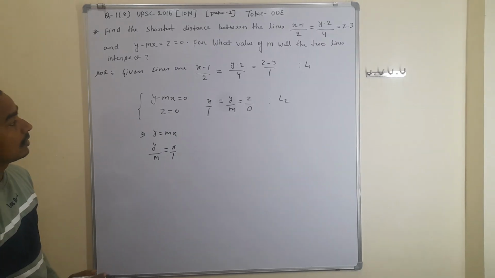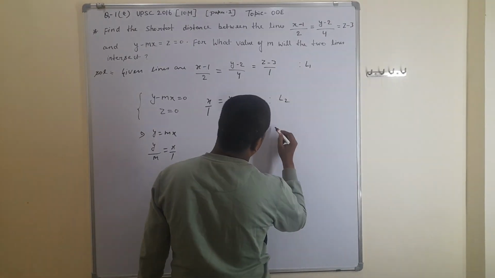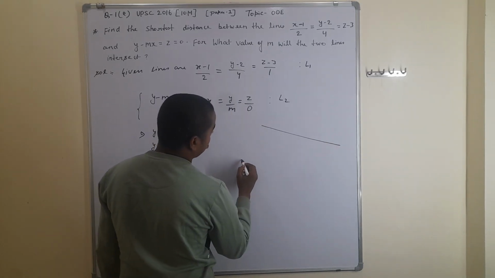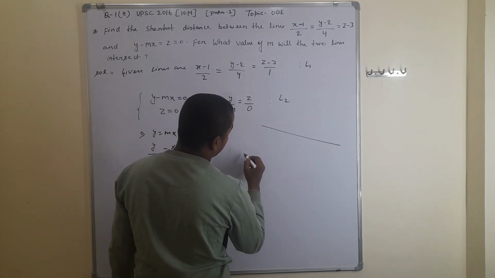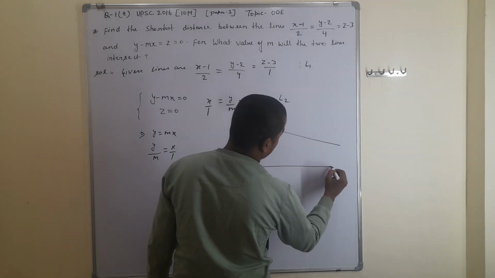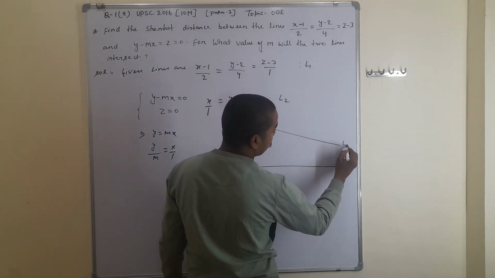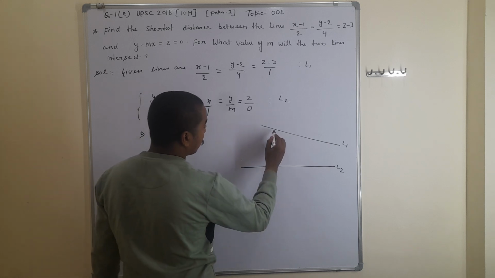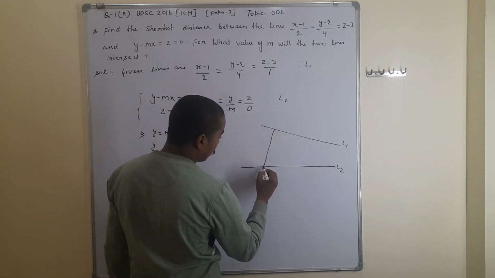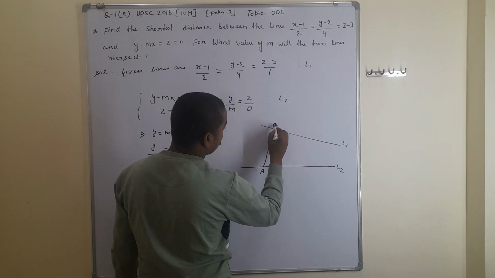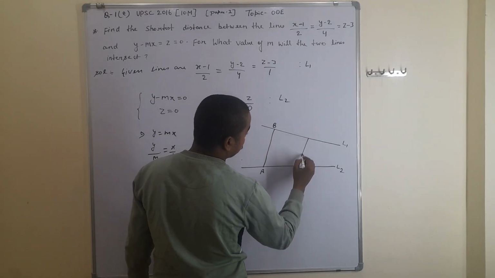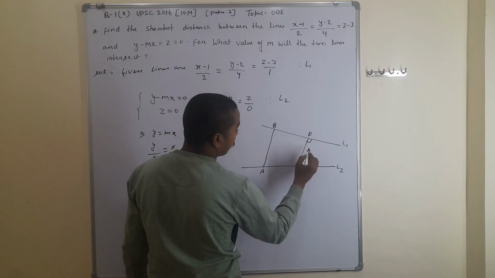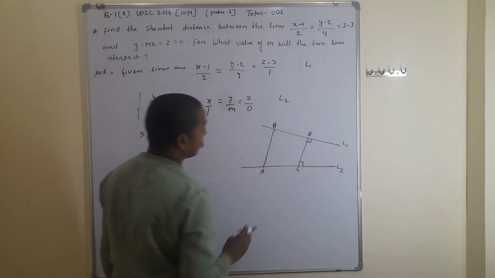We have to draw the figure first. This is line 1 and this is line 2, and this is AB and this is CD. This is perpendicular from both the sides.